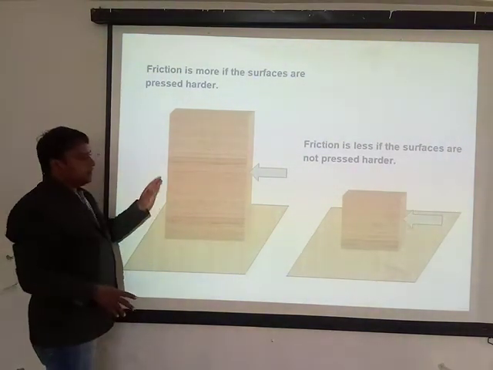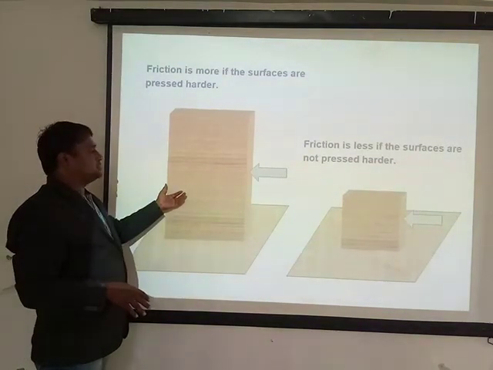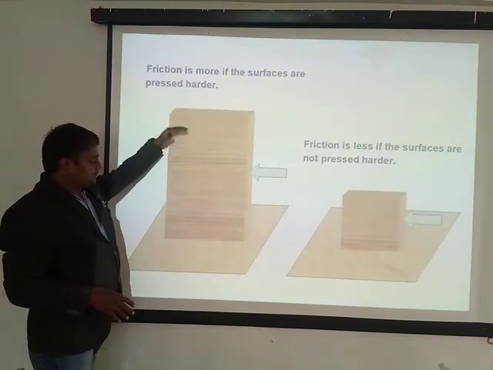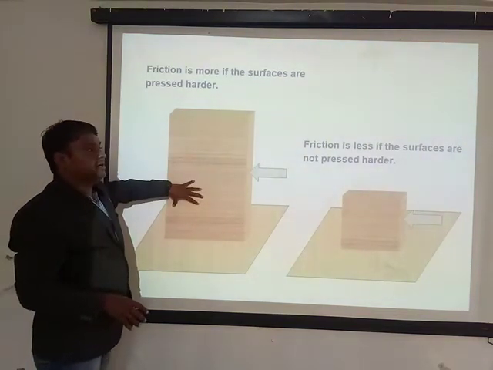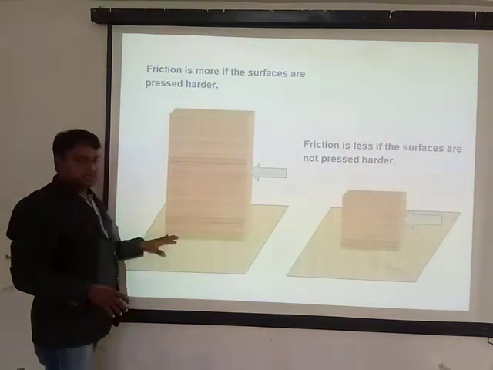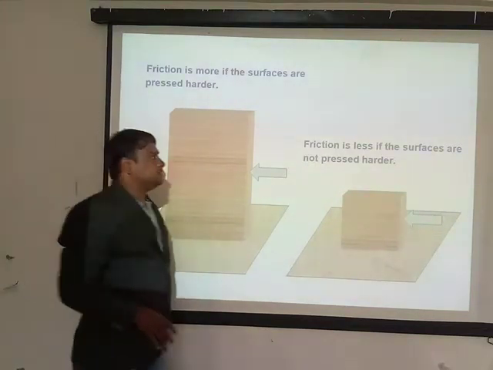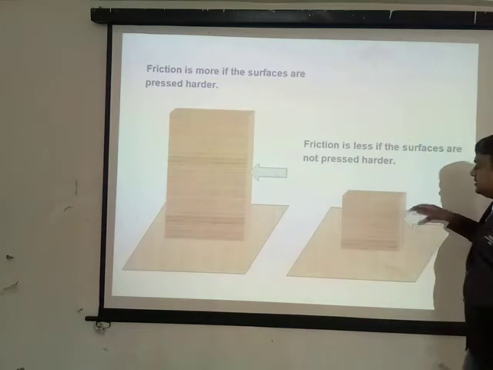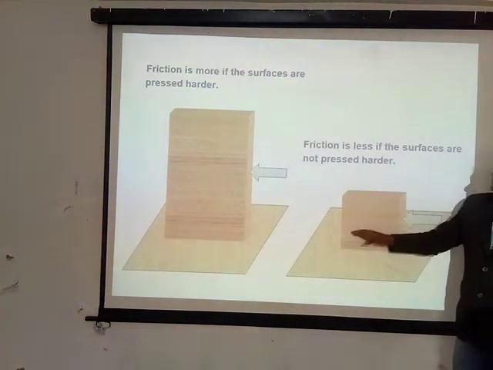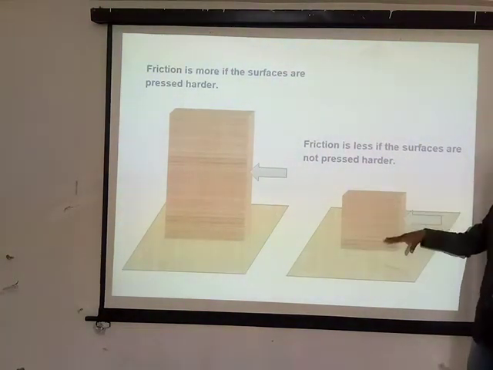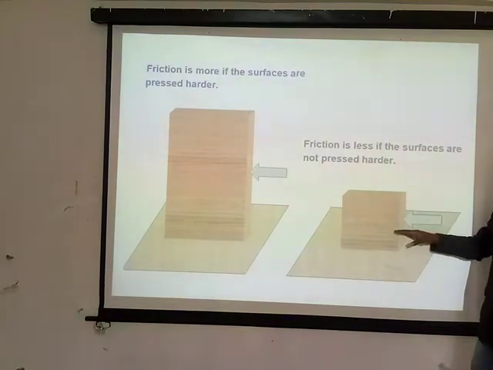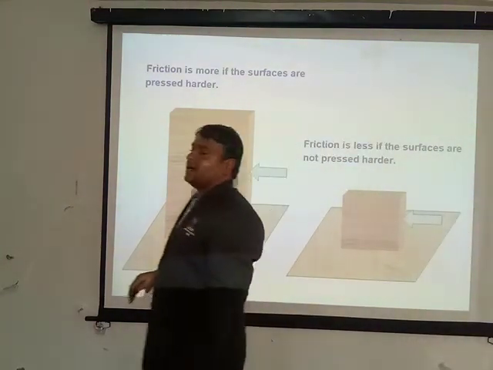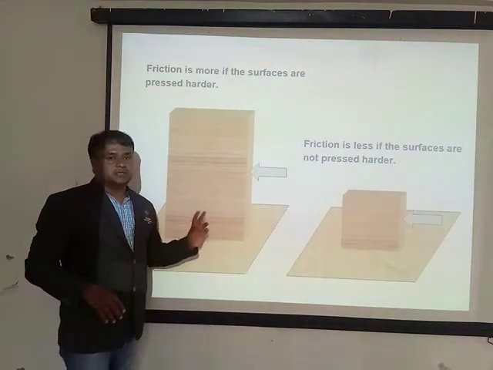So if the weight of the object is more, the object is pressing harder over here, and because of that the friction is more. And friction is less if the surfaces are not pressed harder. If the surface below is not pressed harder, then the friction is less. So those two factors affect the force of friction.